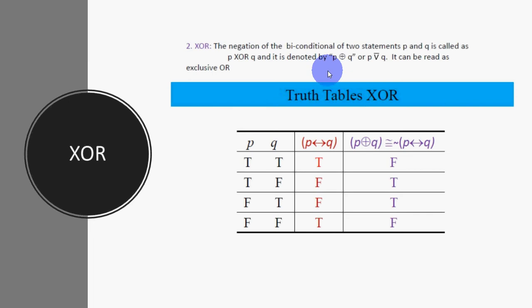Exclusive OR means the negation of P biconditional Q you have to write. True will become false, false will become true, again false will become true, true will become false. So exclusive OR means the negation of P biconditional Q.